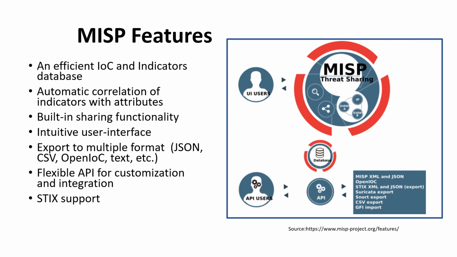It has a built-in sharing functionality. It offers an intuitive user interface. It enables the export of threat information to multiple formats: JSON, CSV, OpenIOC, text, etc. It provides a flexible API for customization and integration, and it affords STIX support.